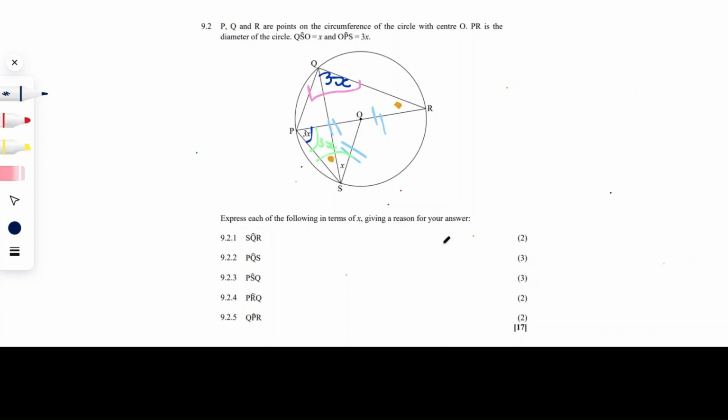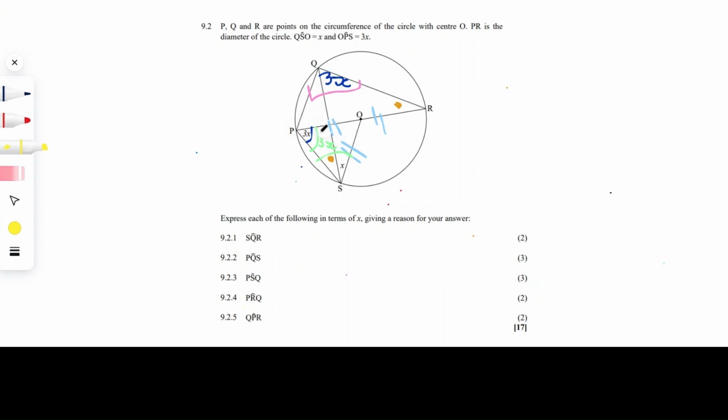Express each of the following in terms of X, giving a reason for your answer. SQR. SQR is this angle over here, okay? So remember, we've already marked off SQR as being equal to 3x. But why did we mark it off as being equal to 3x again?